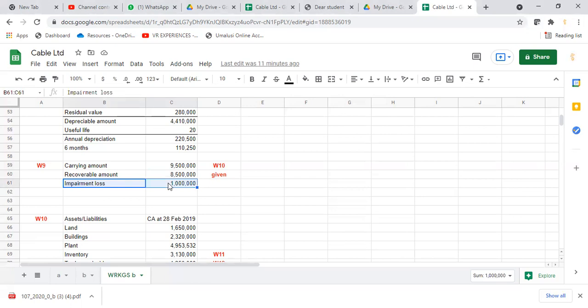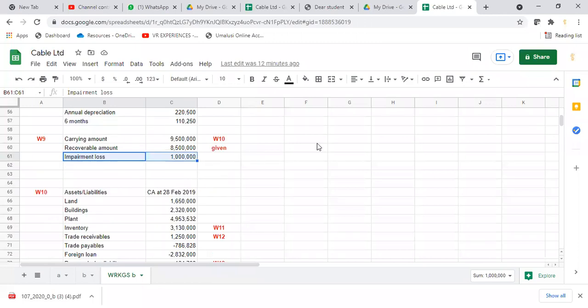Immediately means in the current financial year. So in the financial year ended 28 February 2019, we will have a 1 million rand loss. Now the question is, against which assets do we take the 1 million rand? Remember the general rule is as follows.